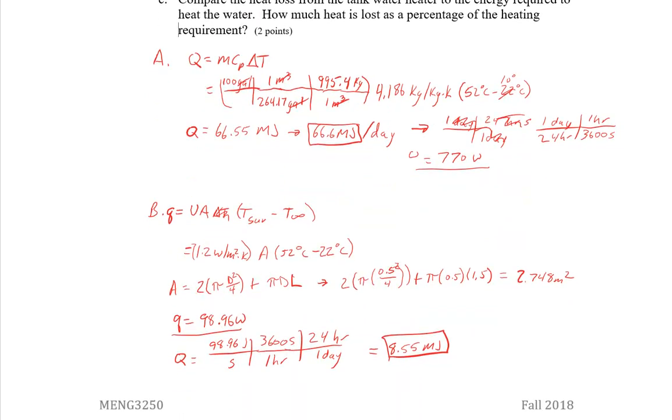I'll add units in the future so that you can know what I'm looking for. And then finally, part C, we're looking for a percentage relative to our heating requirement. So I'm just looking to take this number, the 8.55, over the 66.6. So you have 8.55 over 66.6, and that gets us 12.8%.